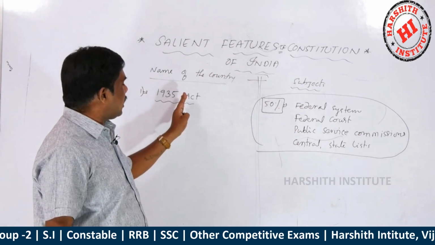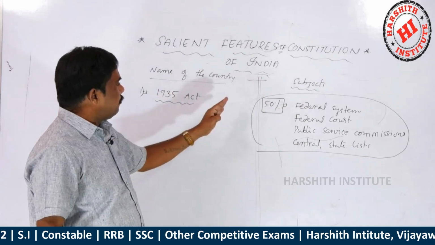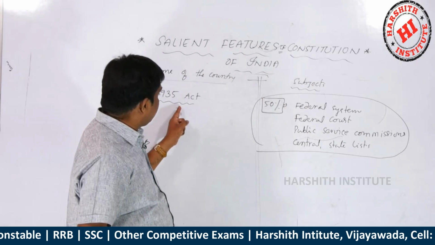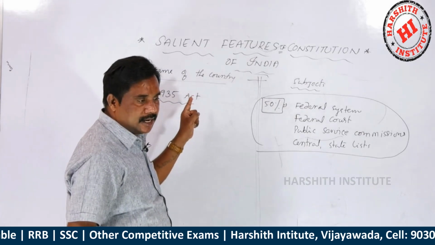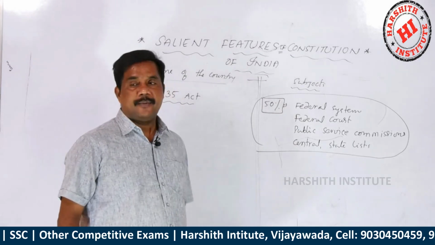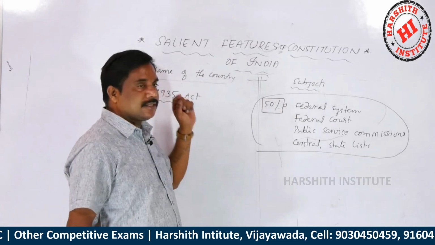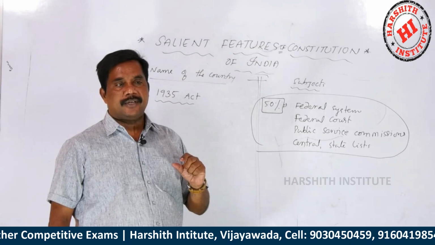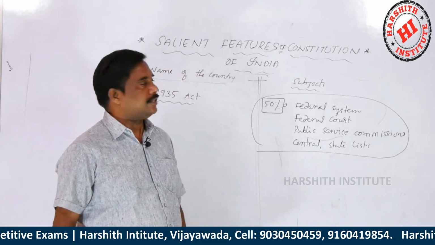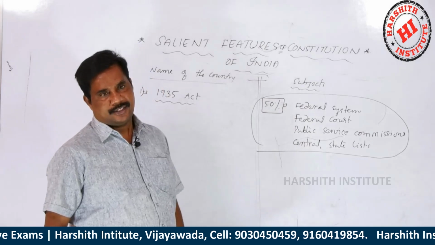So from the 1935 Act, we have taken 50% of the subjects. That's why this 1935 Act has the name mini constitution. Why? Because 50% of the subjects are taken from this 1935 Act.